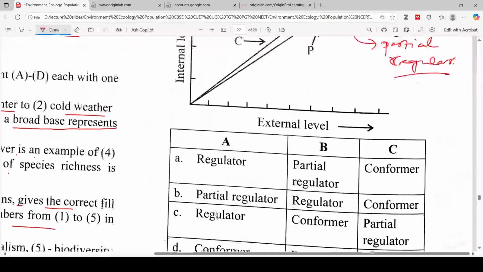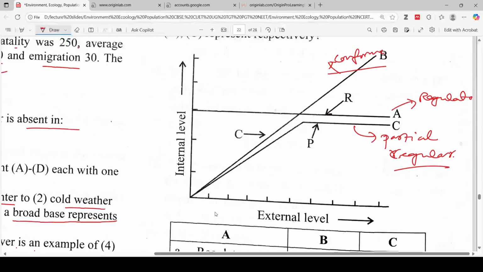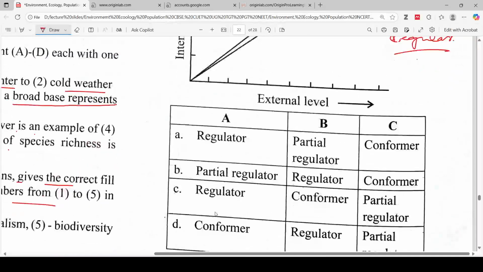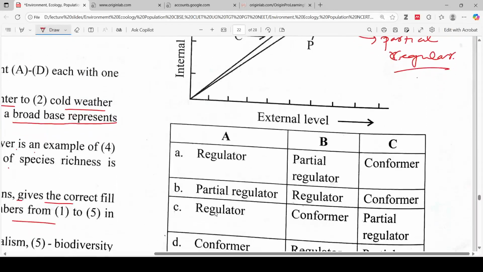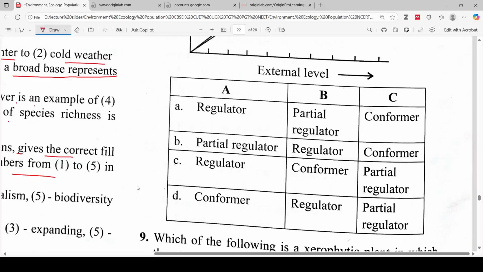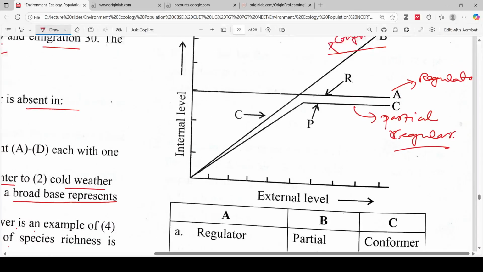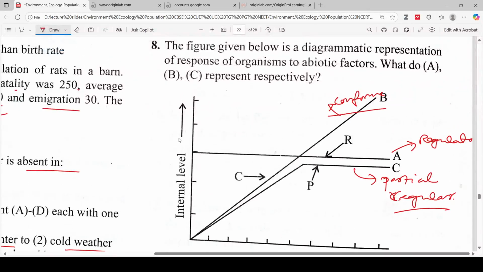A regulator, B conformer and C partial. So the correct answer is A.